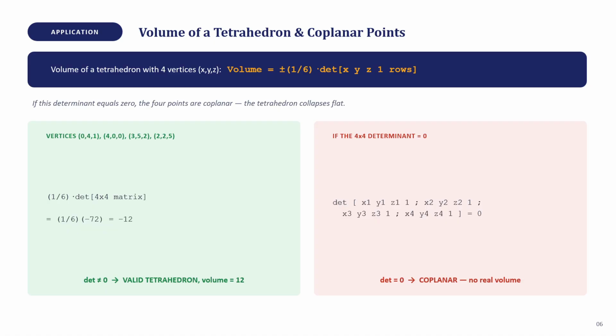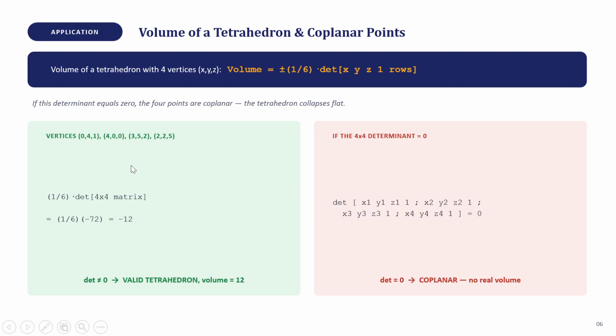If we have vertices 0, 1, 3, 5, and 2, 2, 5, if we try to solve this, the process is a bit long again. But here, the answer is 1 over 6, and this is a 4 by 4 matrix now.